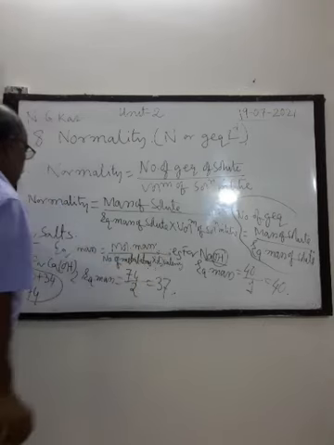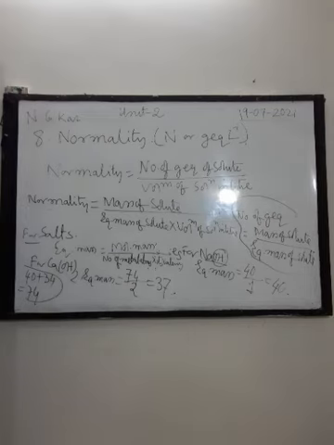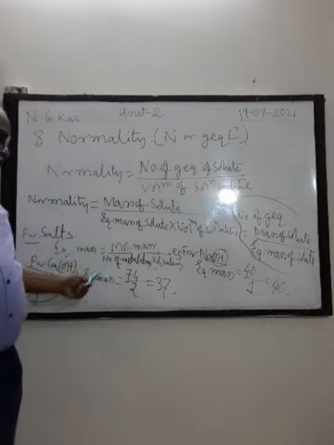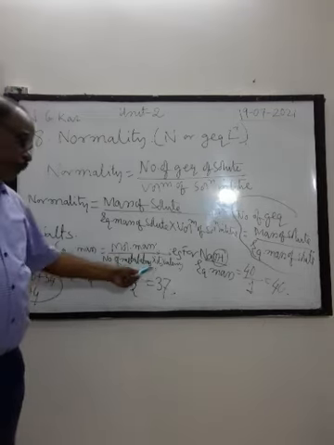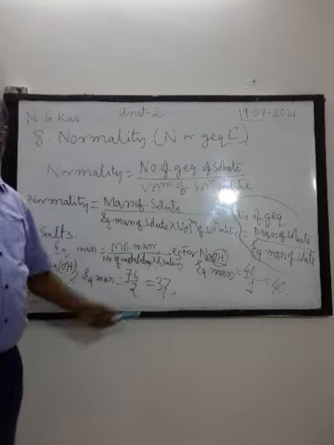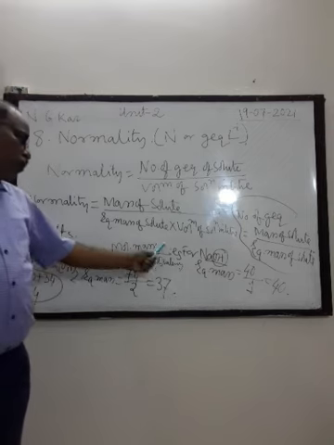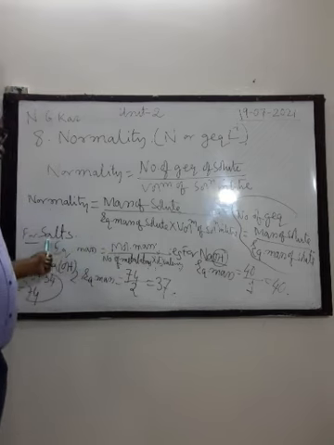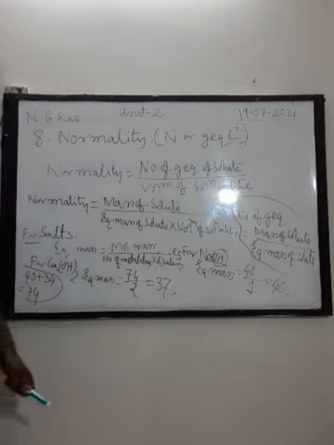So this is the formula for equivalent mass of a salt: molar mass divided by the number of metal atoms into the valency of the metal atoms. So this is the formula for determination of equivalent mass of salts. So let us consider two examples.